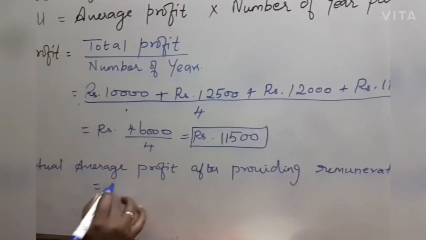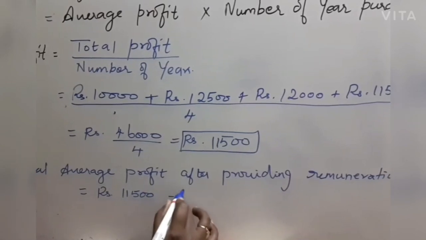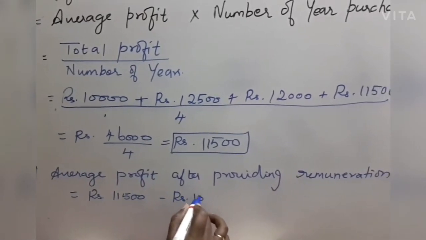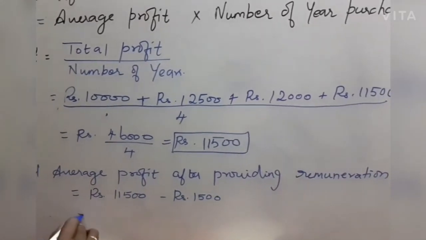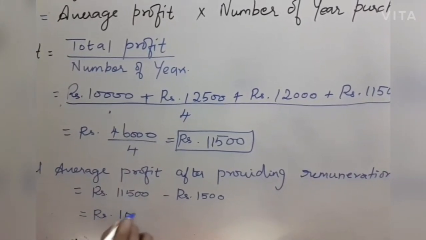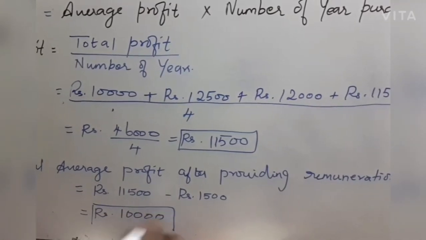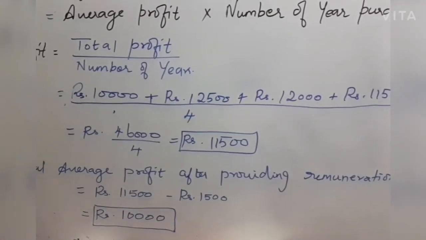So that is equal to rupees 11,500 minus rupees 1,500. So your actual average profit will be 10,000 rupees. So this 10,000 rupees only you are going to utilize for calculation of goodwill.